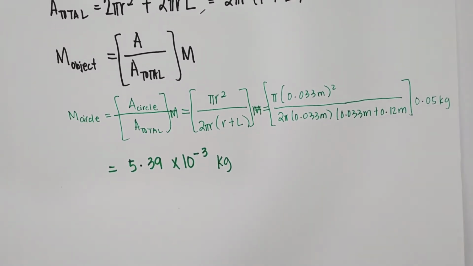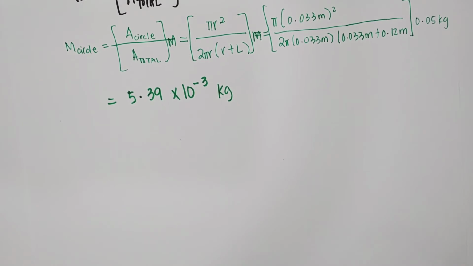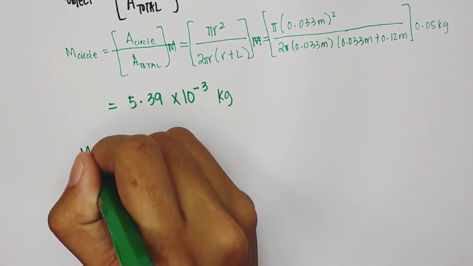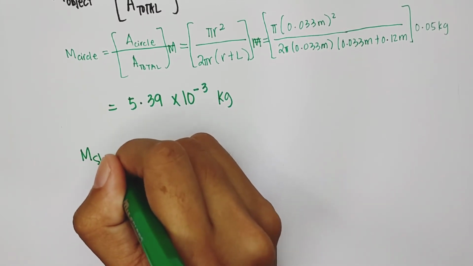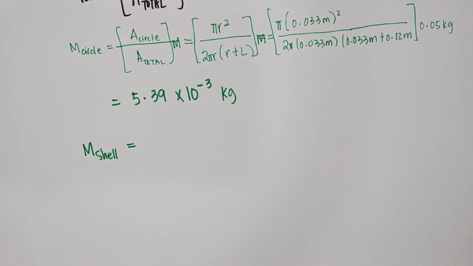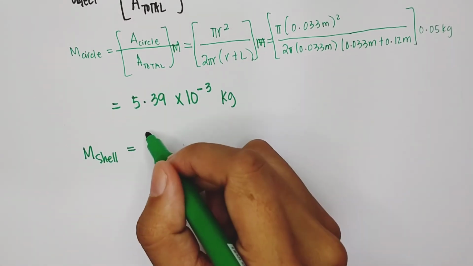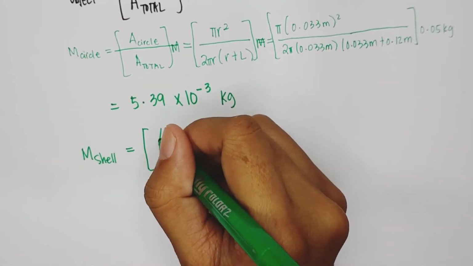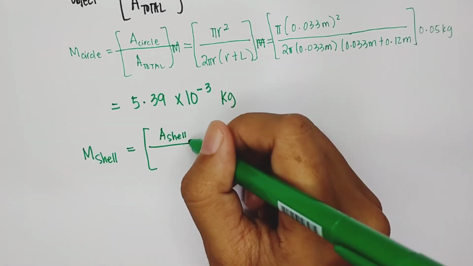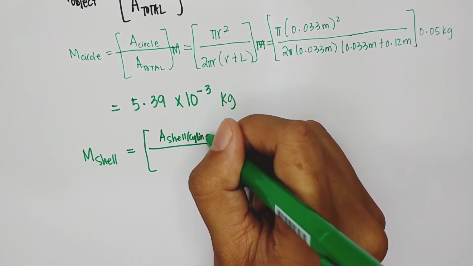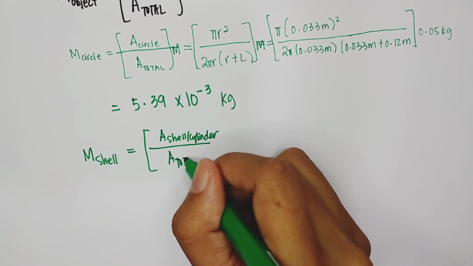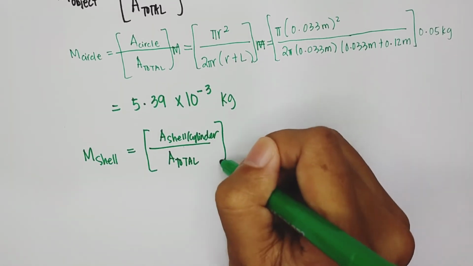Now we have our shell, or our cylinder. The area of the cylinder, divided by the total area, times our mass.